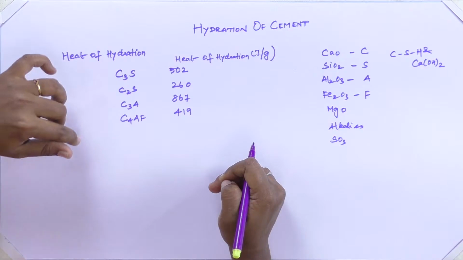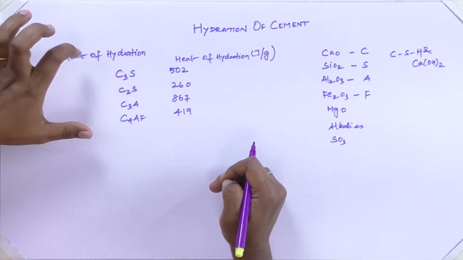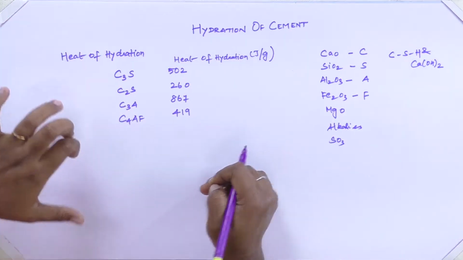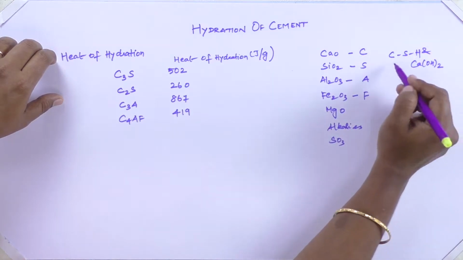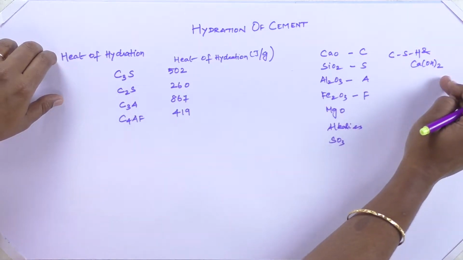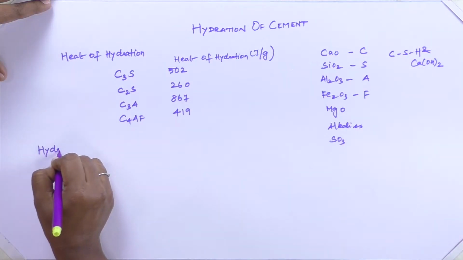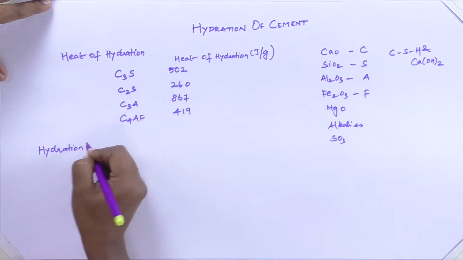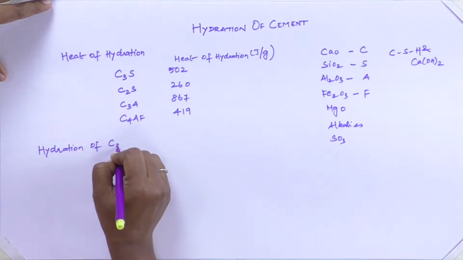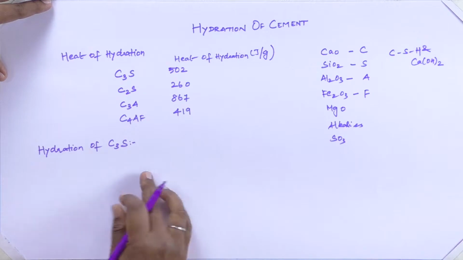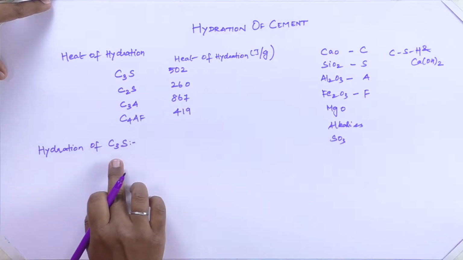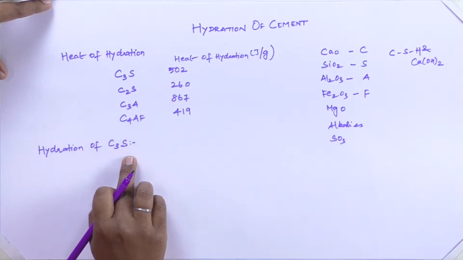Now let us see how these individual compounds react with water to form the CSH gel and calcium hydroxide. First is hydration of C3S, that is hydration of tricalcium silicate.